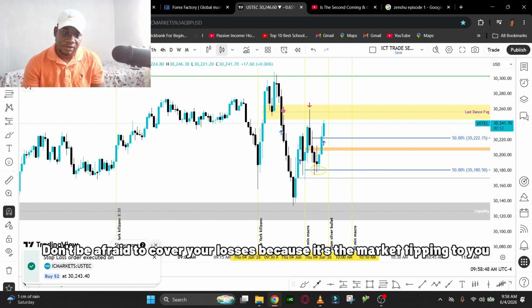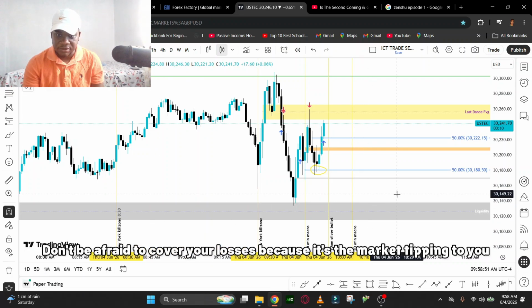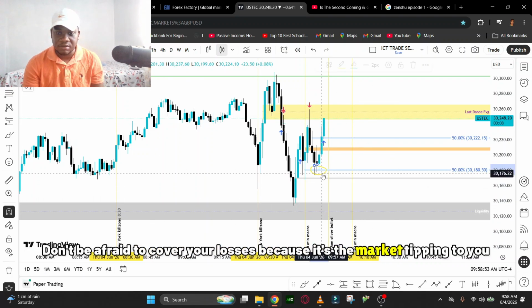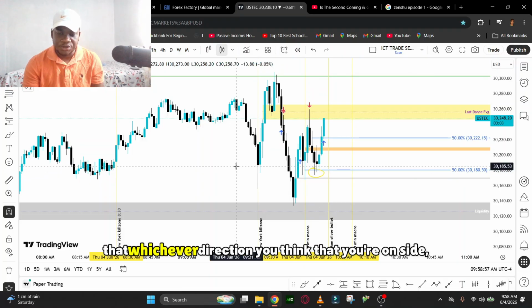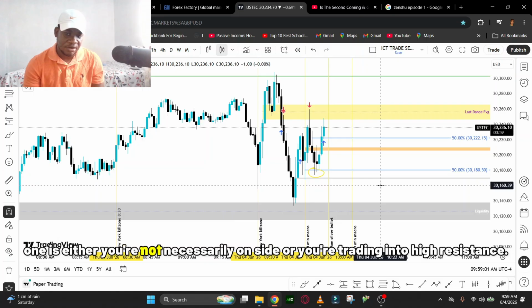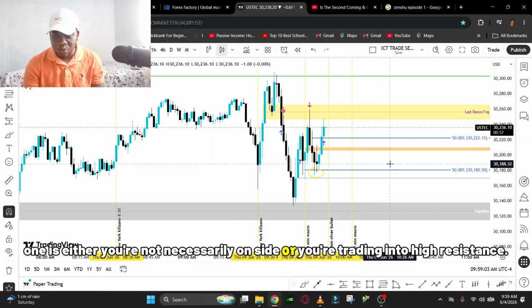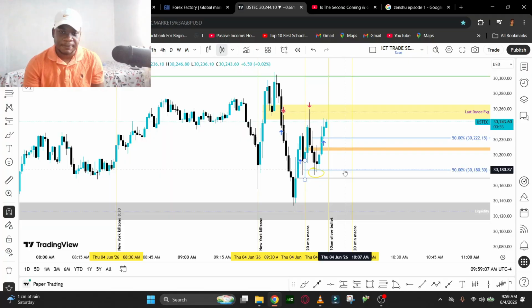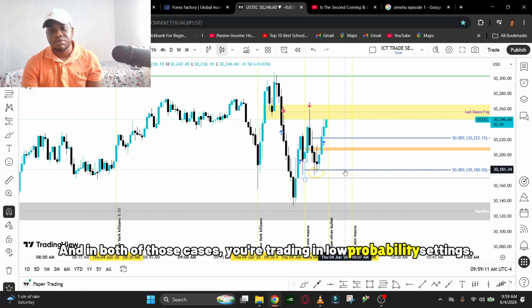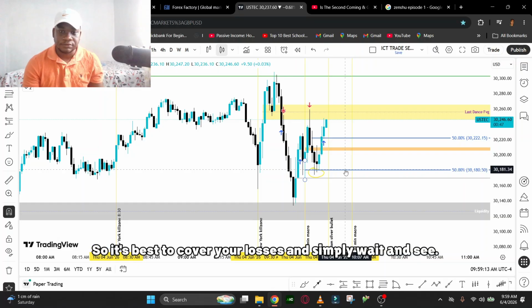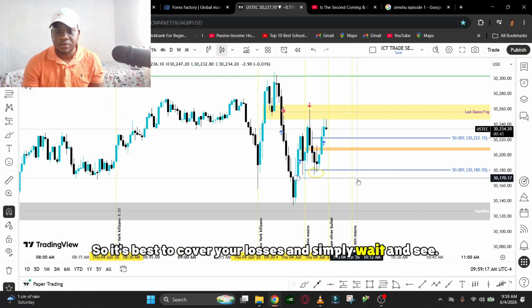Don't be afraid to cover your losses, because it's the market tipping to you that whichever direction you think that you're on side, one is either you're not necessarily on side or you're trading into high resistance, and in both of those cases you're trading in low probability settings. So it's best to cover your losses and simply wait and see.